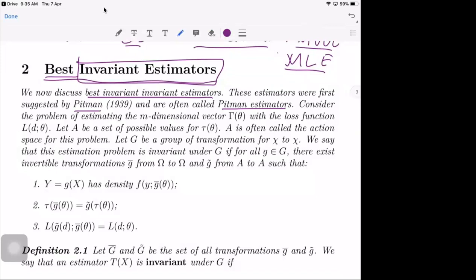So consider the problem of estimating an m-dimensional vector, a tau of theta, or a function of your parameter theta, with a loss function. When we talk about invariant estimators, it is usually associated with a loss function. The usual loss function is the square loss function, or in general, the Mahalanobis loss function.